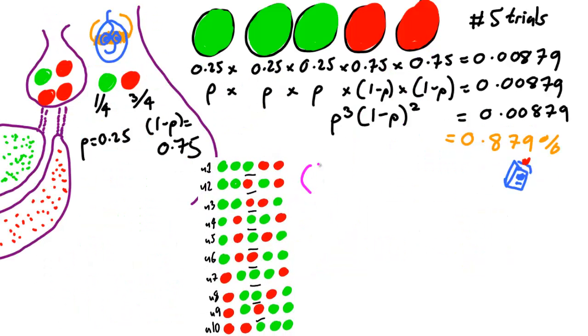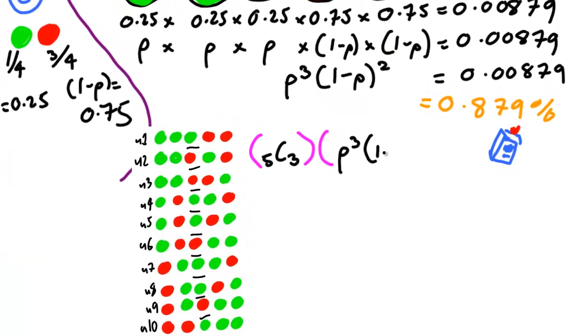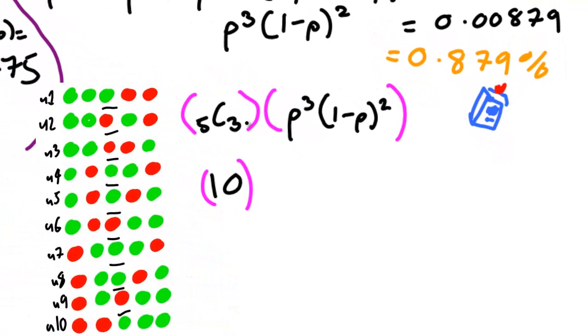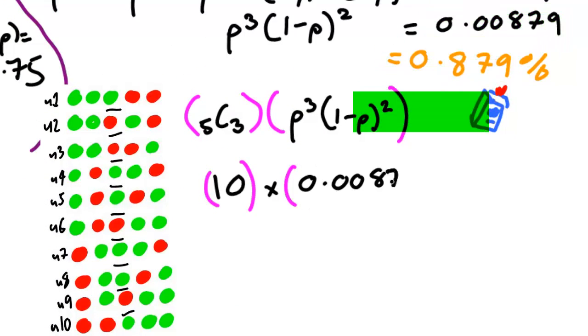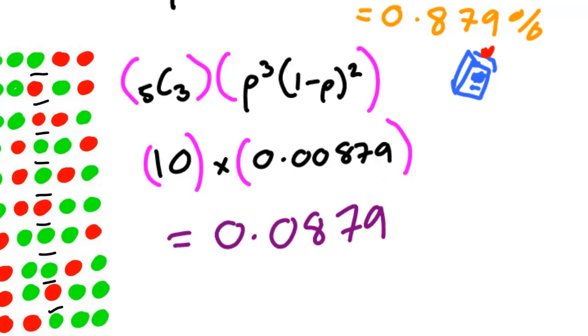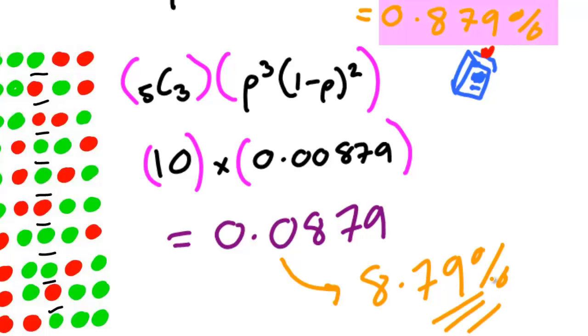So getting back to his problem, Sean changes p cubed multiplied by 1 minus p squared to 5c3 multiplied by p cubed multiplied by 1 minus p squared. And this is equal to 10 times 0.00879, which is equal to 0.0879, and this is 8.79%. And Sean thinks this number looks a lot better than 0.879%, which he got earlier.